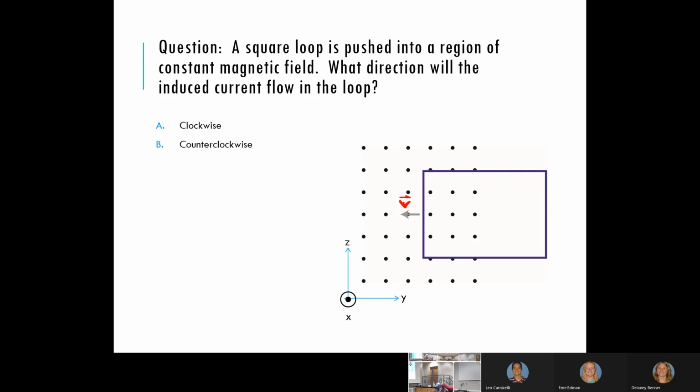I don't like the fact that there are more lines pointing out through the loop, so I will induce a field going into the board. So again, here the magnetic field that's induced will be into the board. Well, what direction does the current need to flow in order to produce a field into the board?